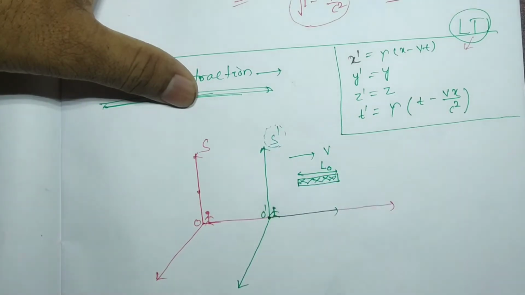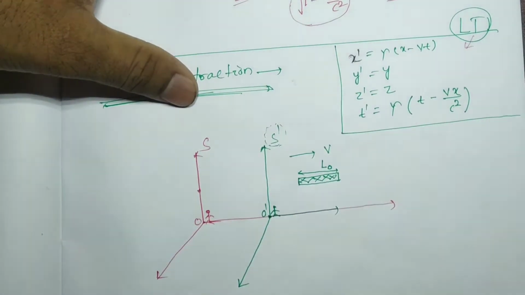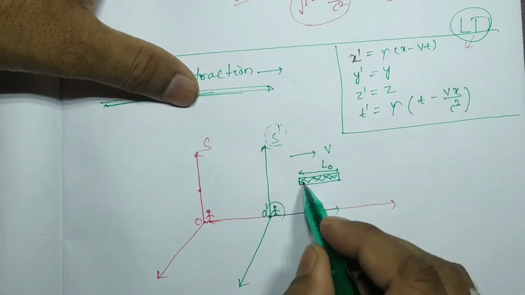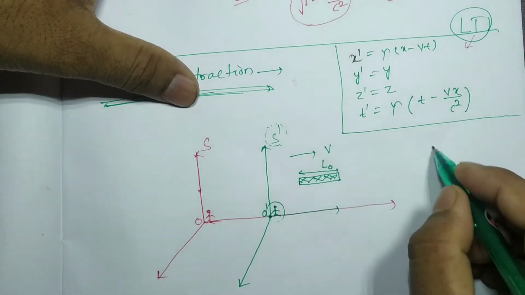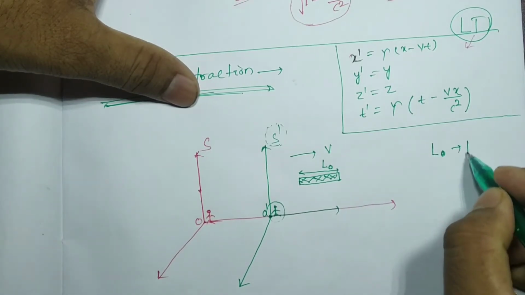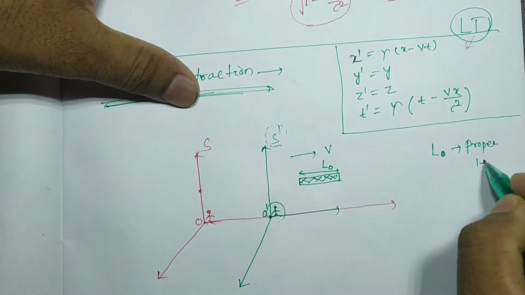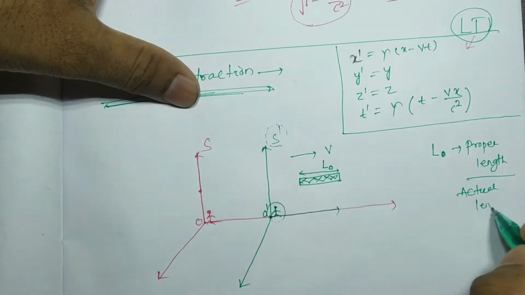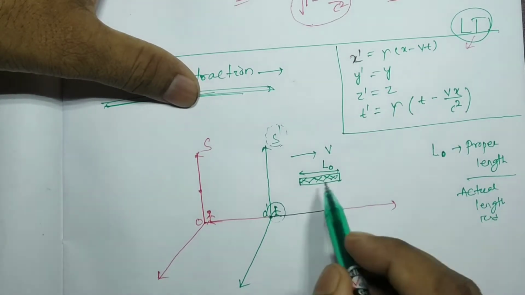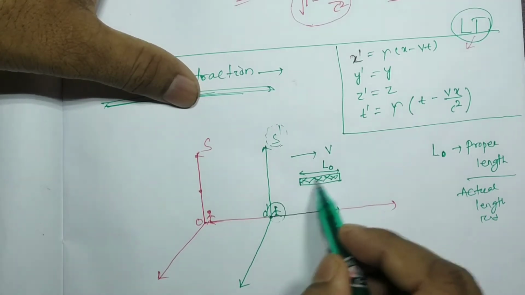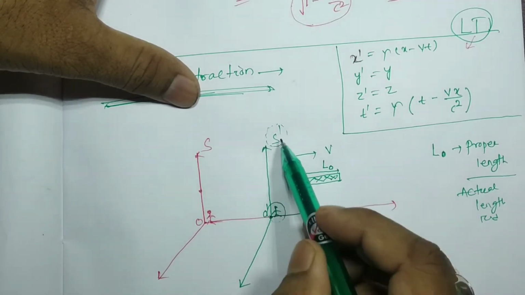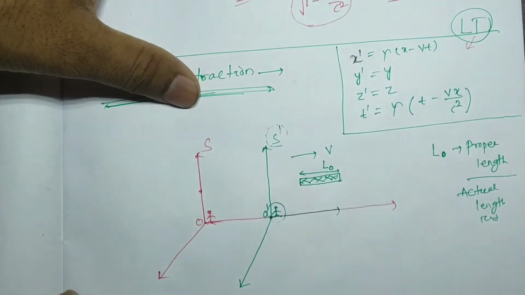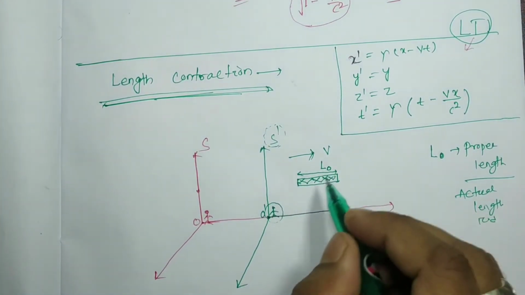Hence this observer is going to measure the length of this rod as L0, which is called the proper length, or the so-called actual length of the rod, because this rod is at rest with respect to the s dash frame.